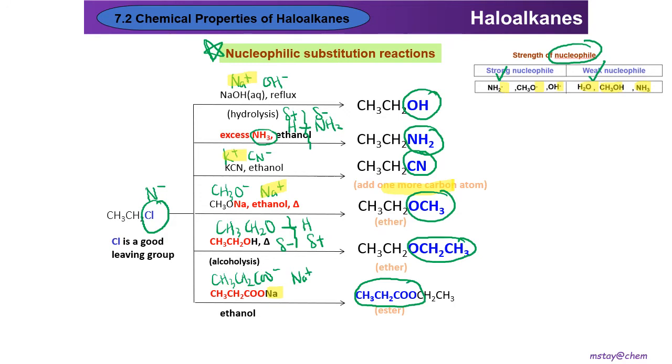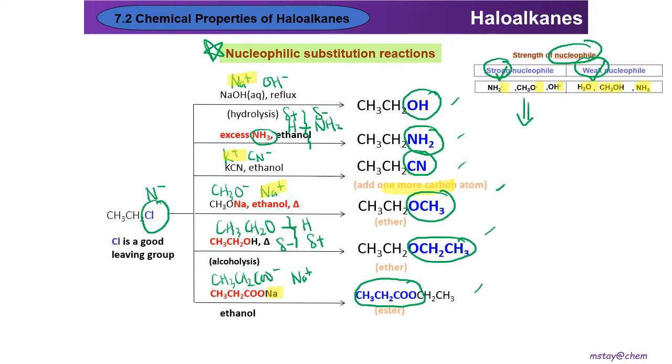In this slide, try to remember all six reagents that can undergo nucleophilic substitution when reacting with the haloalkane. Again, we need to classify strong nucleophile and weak nucleophile.